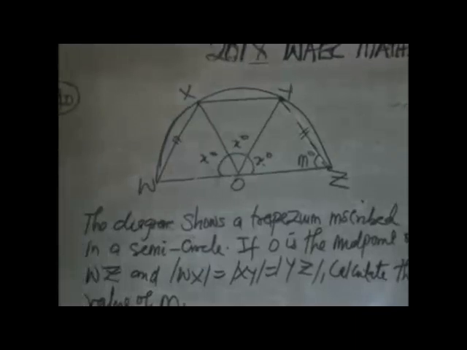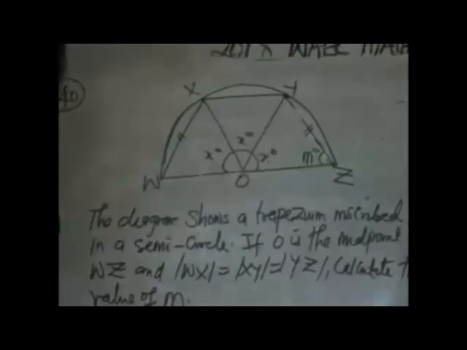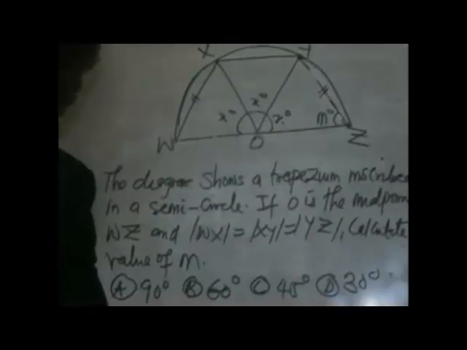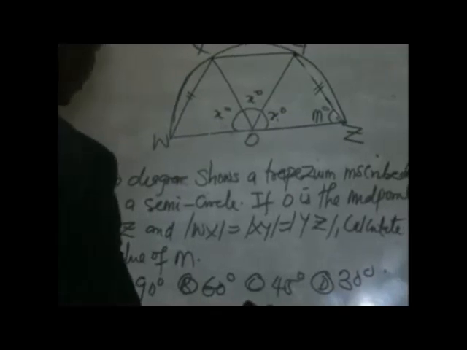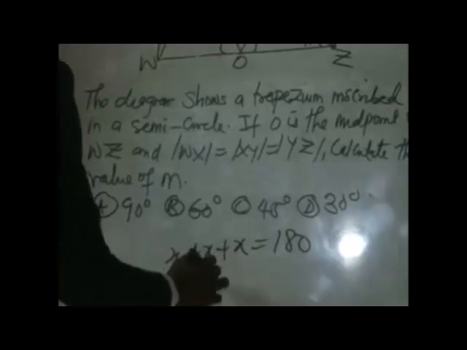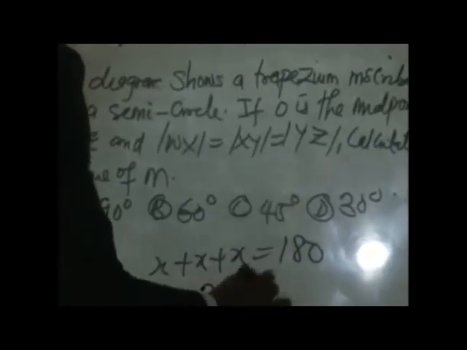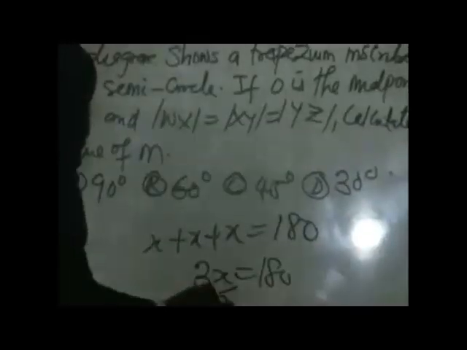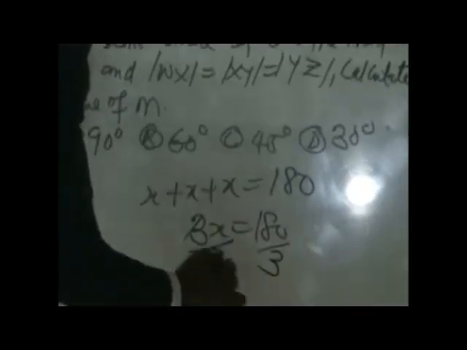We are going to find the value of X. So X plus X plus X will be equal to what? 180. So 3X equals 180. Divide both sides by 3, X will be 60 degrees.